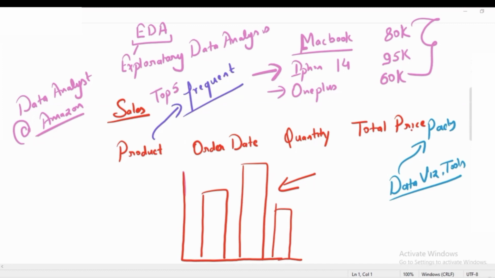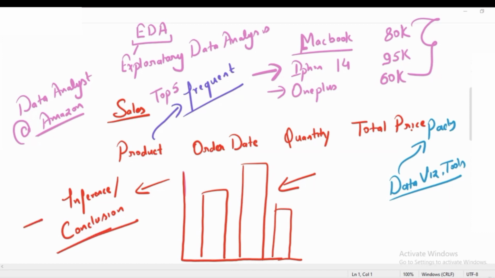Now, as soon as you see this chart, the inference is as simple as this: iPhone is dominating over other products. This is a simple inference, or a simple conclusion.